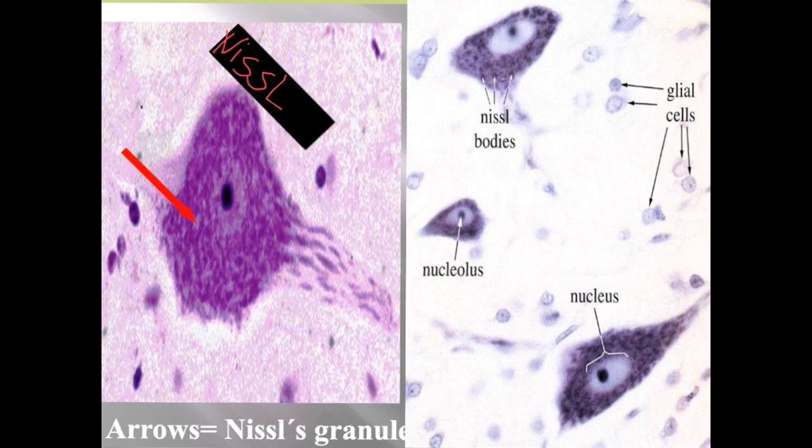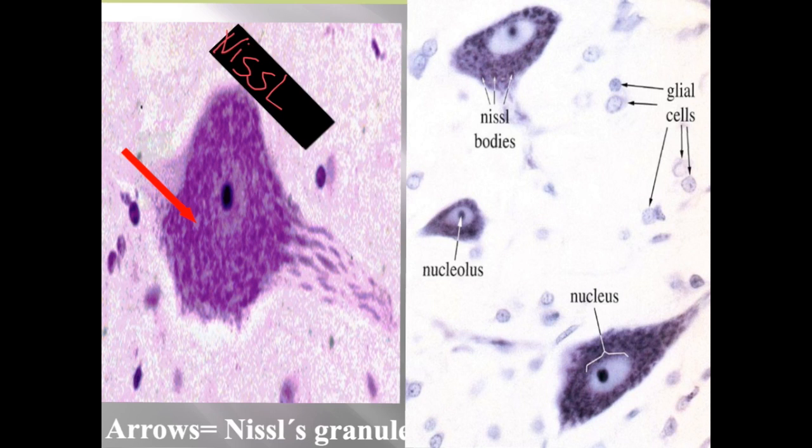These cells are the neuroglial cells, which are 10 times more numerous than the neurons. They are supportive in function, and the most common type is the astrocytes. And as these astrocytes are present in between the cell bodies, it is the protoplasmic astrocyte.